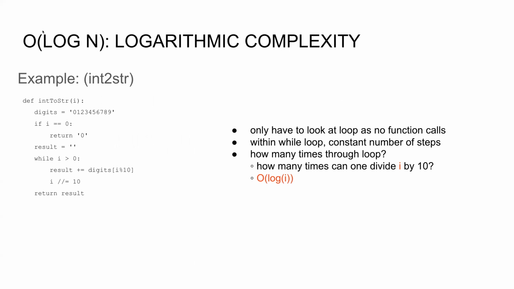Okay, so now here's another example. It's a little bit ambiguous because the input I is an integer you want to convert to a string, and here you just go through each digit by modular 10 and append to the result, right?